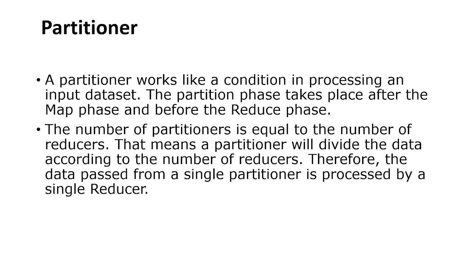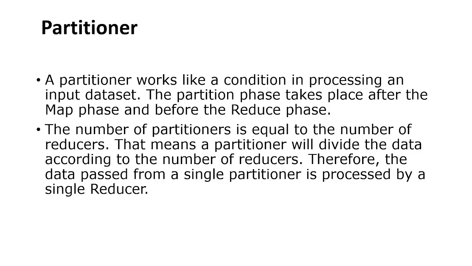So the partitioner works like a condition on an input database. Based on a certain condition, it partitions the data. This is the base for the random forest algorithm, which is used in machine learning.